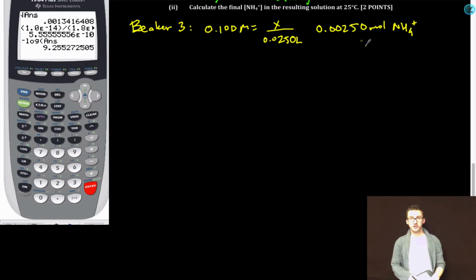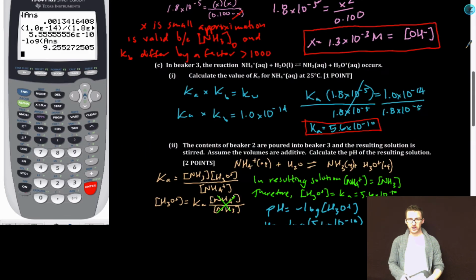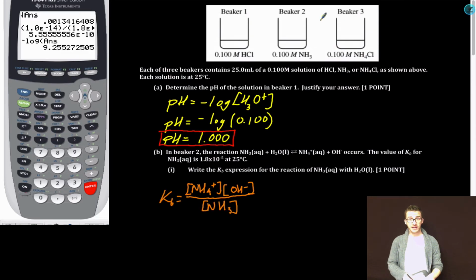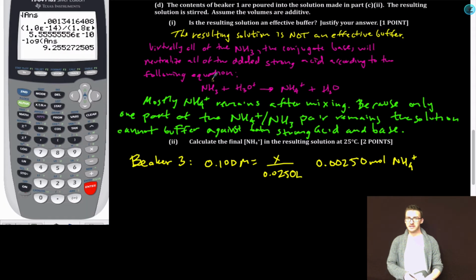This was originally what we had. And then think about what we did up here in part C and D. First, what we did is we added a bunch of this conjugate base into beaker 3, creating a really amazing buffer. But then we added this hydrochloric acid into that beaker and realized that the ammonia neutralized all of that added acid, forming additional ammonium ion.